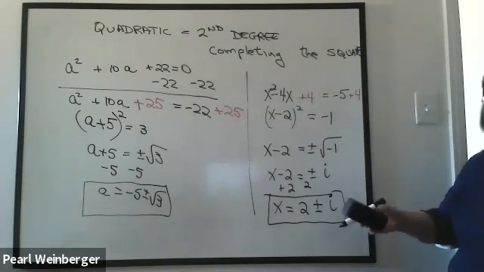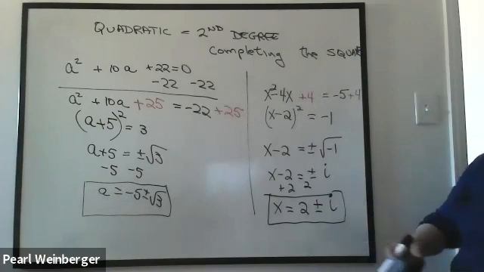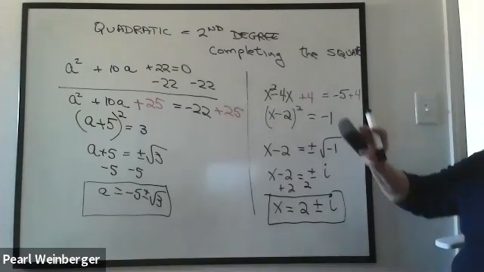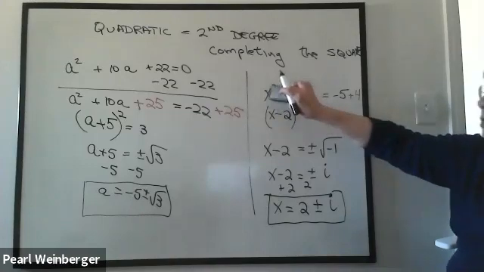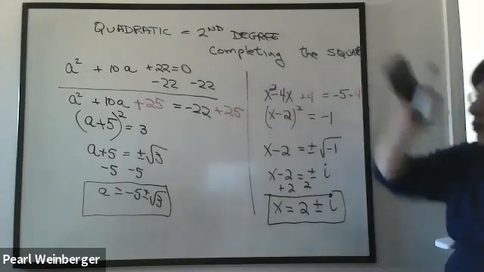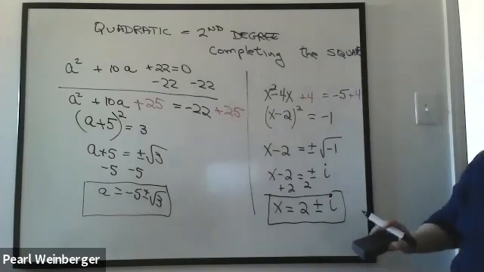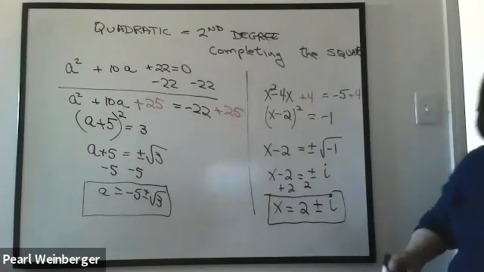The completing the square method could be done in those cases, but it becomes so complex with such complex fractions that it becomes almost impossible. So that's why we really only want to do it when we have a leading coefficient of 1 and an even coefficient in front of the plain x.